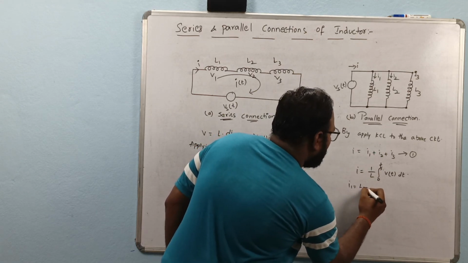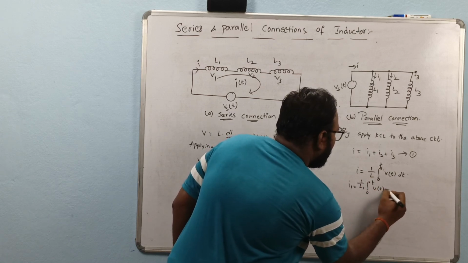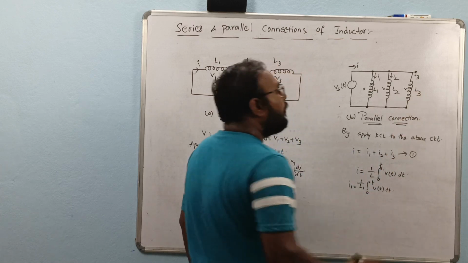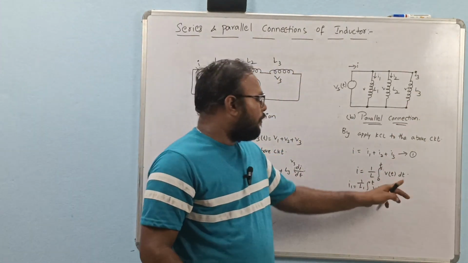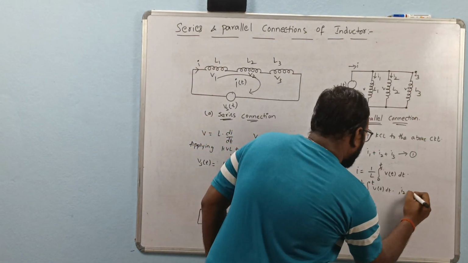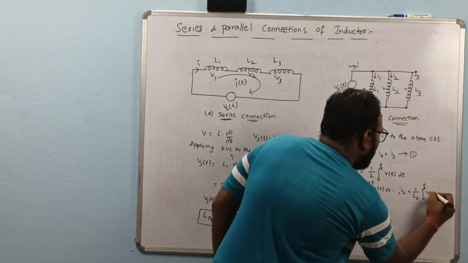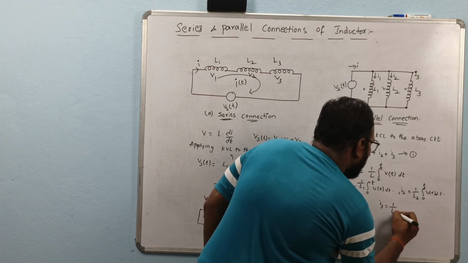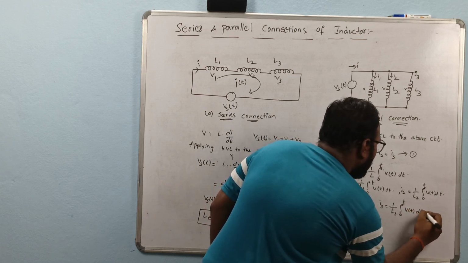I1 is equal to 1 by L1 integral 0 to t V of t dt. We know that the voltage across each inductor connected in parallel is the same, so we take V of t for all. I2 is equal to 1 by L2 integral 0 to t V of t dt, and I3 is equal to 1 by L3 integral 0 to t V of t dt.